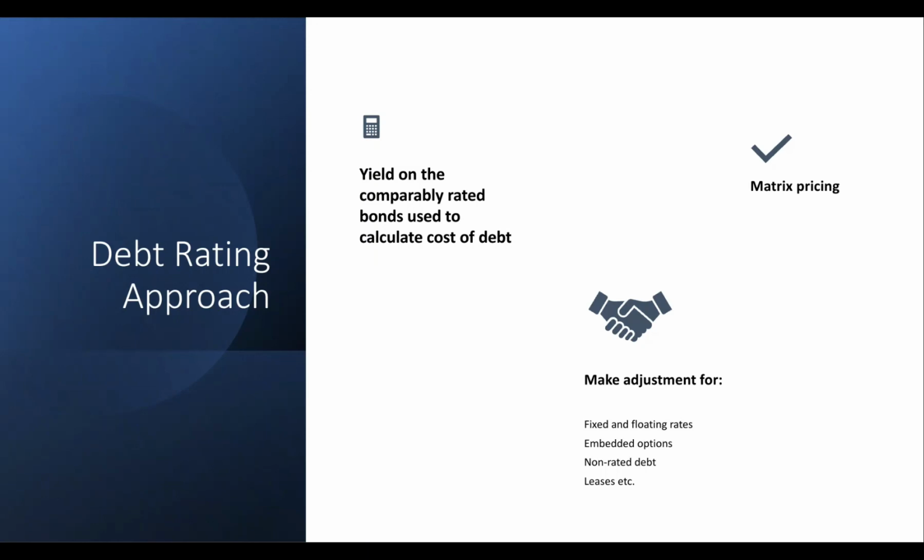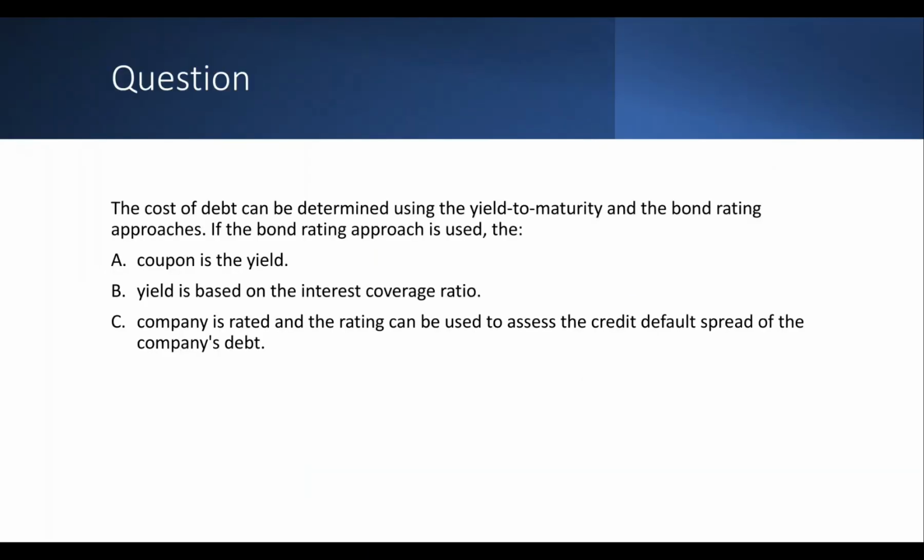Let's do a couple of questions. The first question says, the cost of debt can be determined using yield to maturity and bond rating approaches. If the bond rating approach is used, option A, coupon is the yield. That's while using the YTM approach, and that too when the bonds are issued at par.